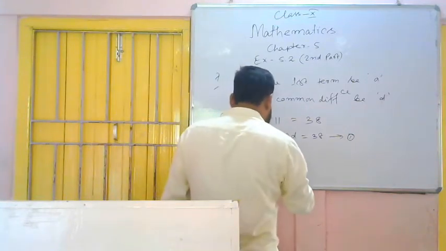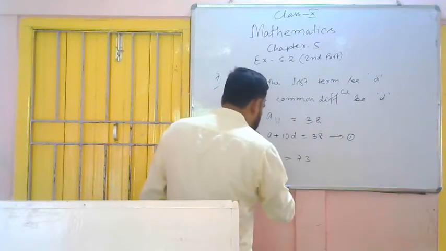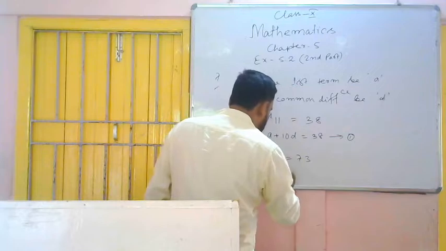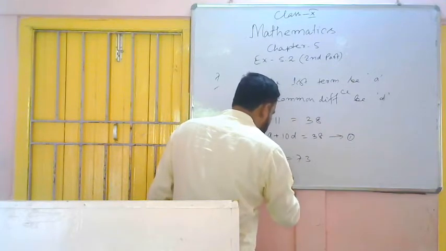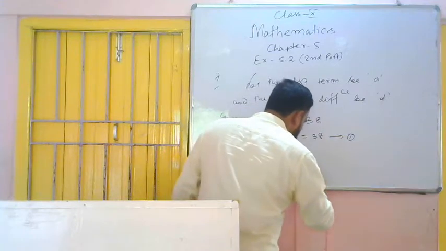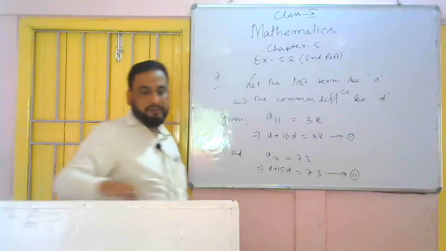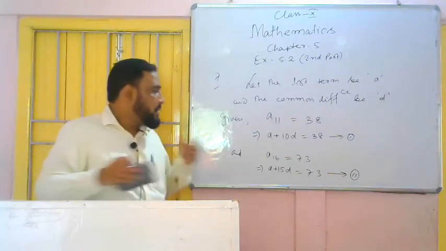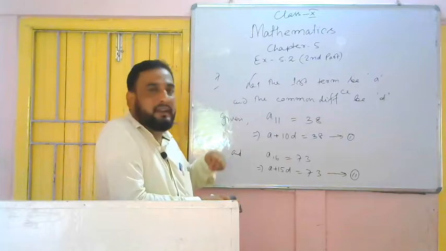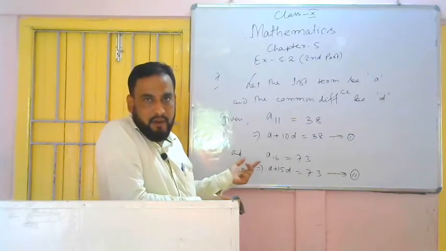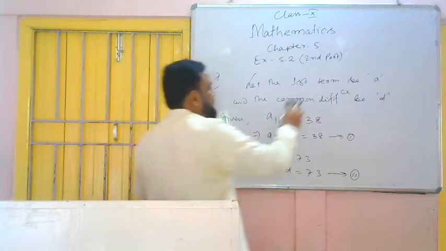So A16 is equal to 73 implies A plus 15D is equal to 73. So this is equation number 2. So here first of all we will find out A and then D. We will find out D, then we can find out 31st term.